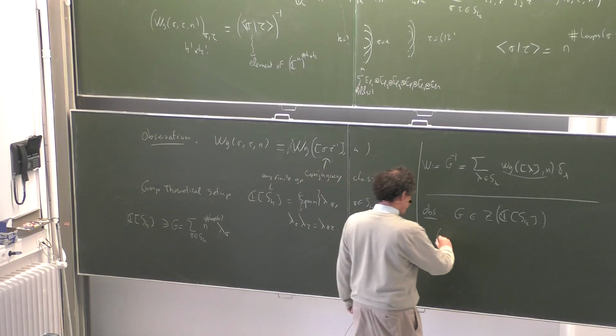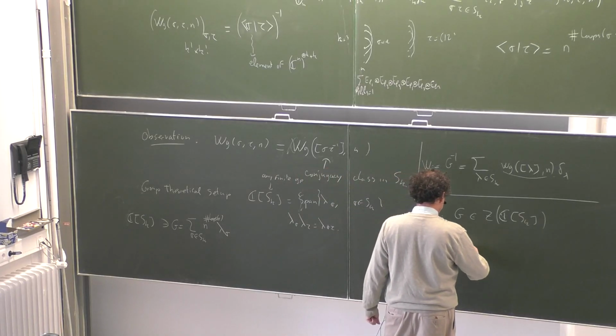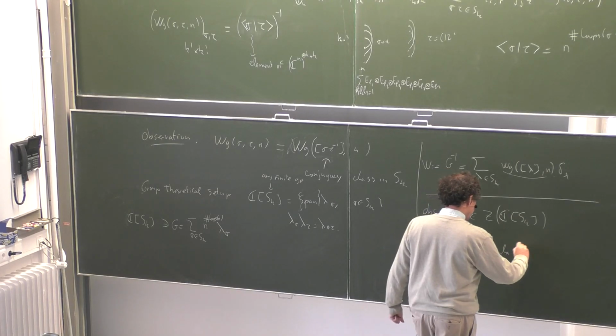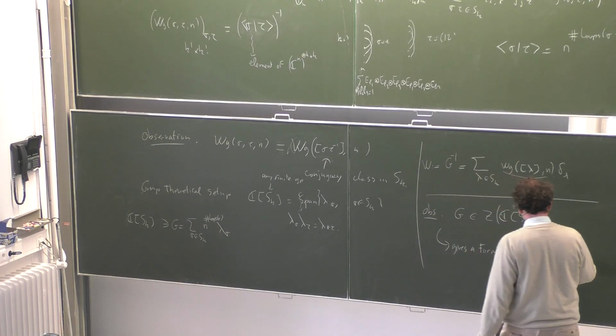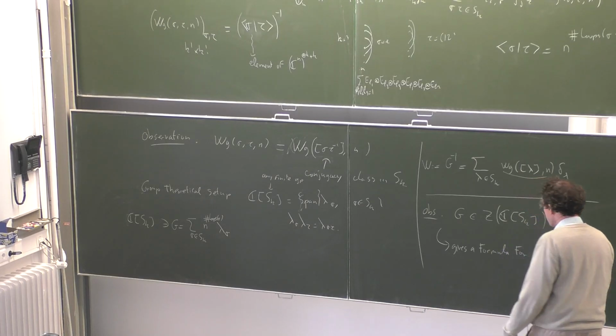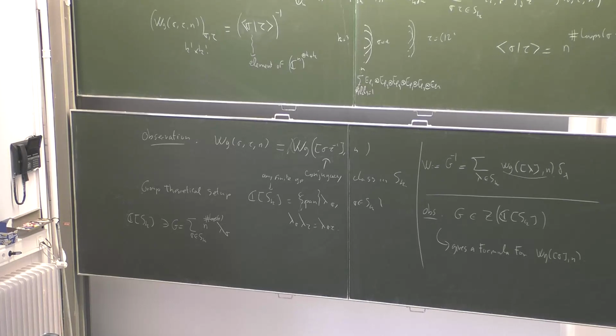This gives a formula for the Weingarten function. But this formula is actually not very useful. It's not very easy to deduce, let's say, asymptotics.